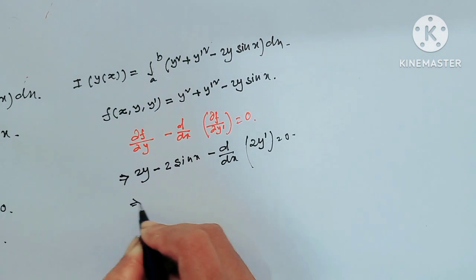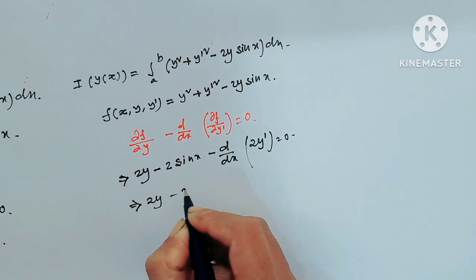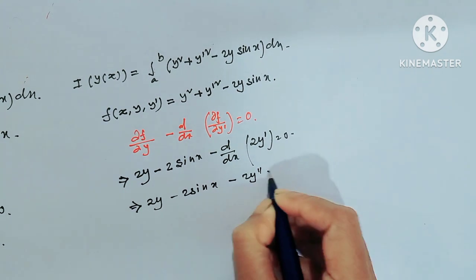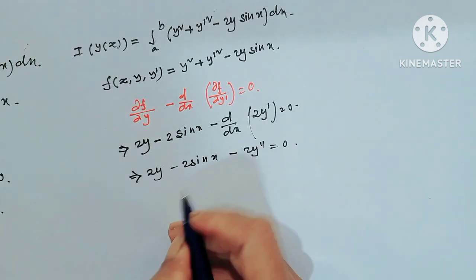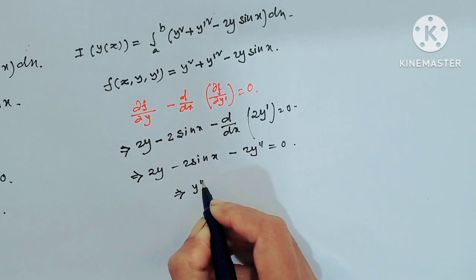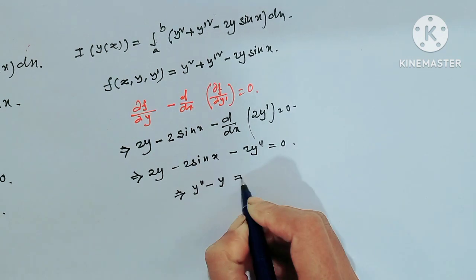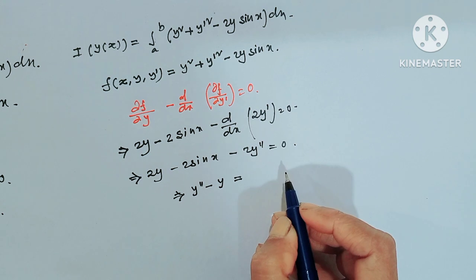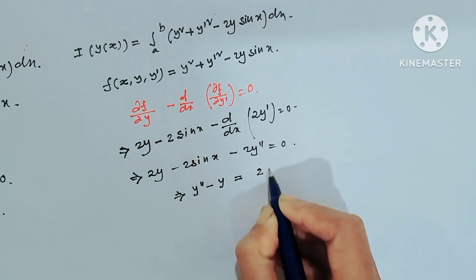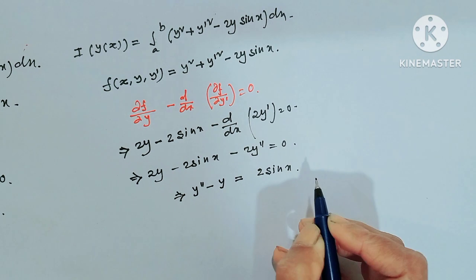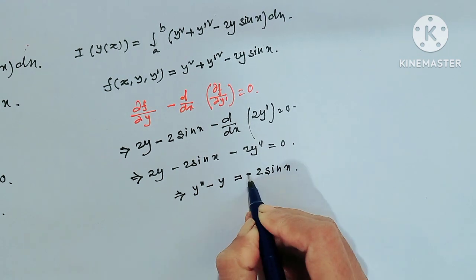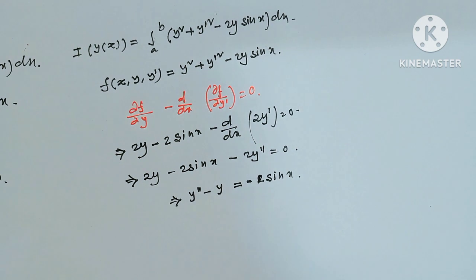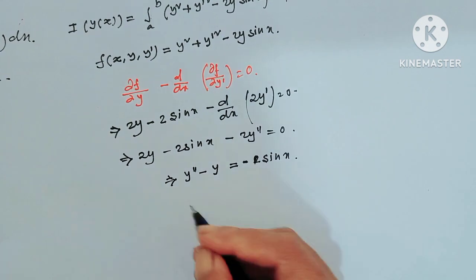That implies 2y minus 2 sin x minus 2y double dash equal to 0. That implies y double dash minus y equal to minus sin x. Here not minus 2, just cancel the common 2.